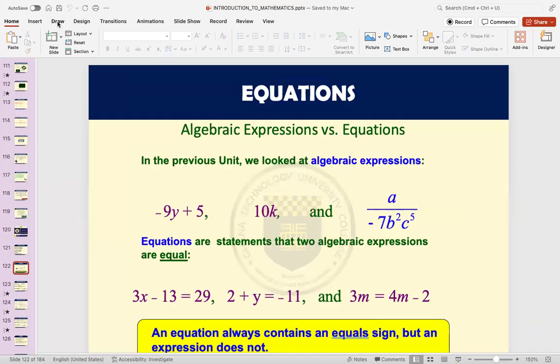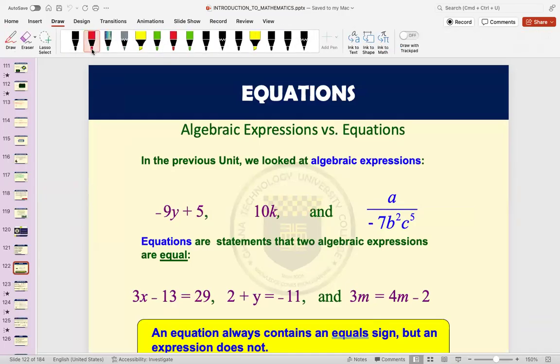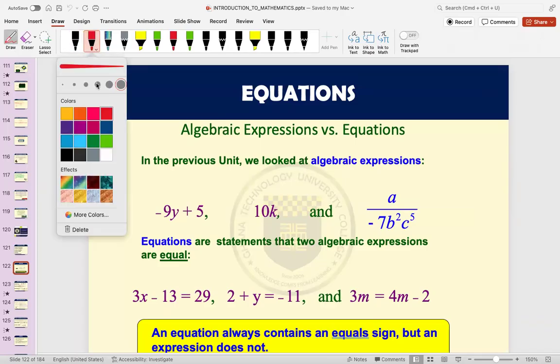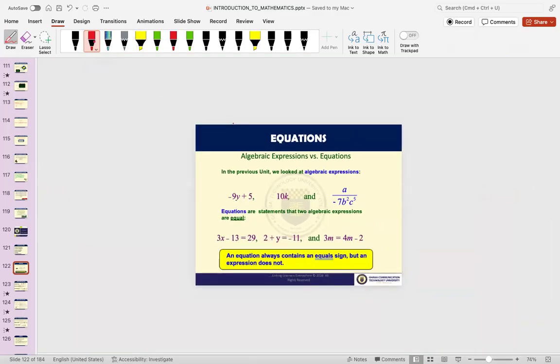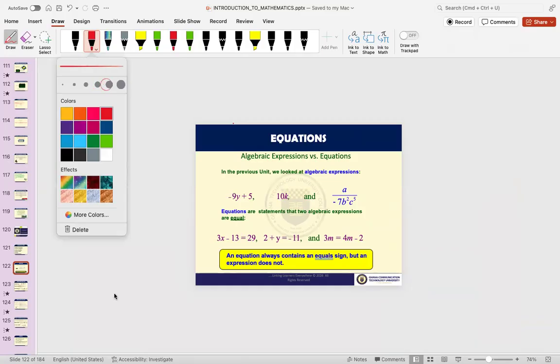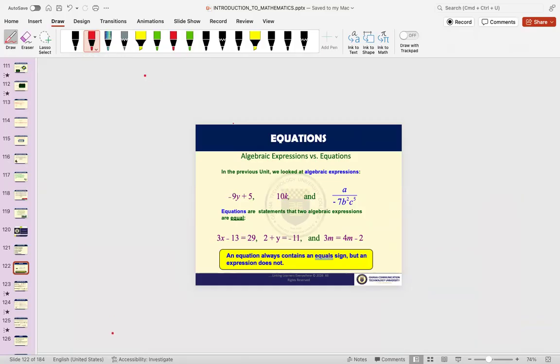We want to understand it when they say you have an equation. So an equation is always formed when you write an expression with an equal sign in it. So for instance, if I write m plus 2, and I bring an equal sign like this, and I write 6.